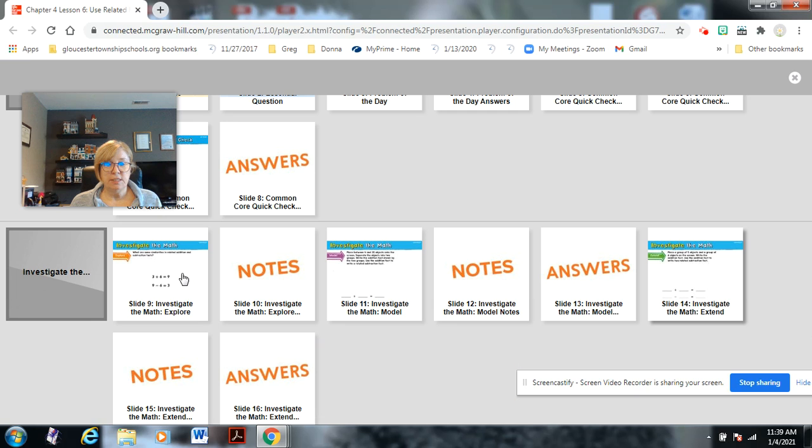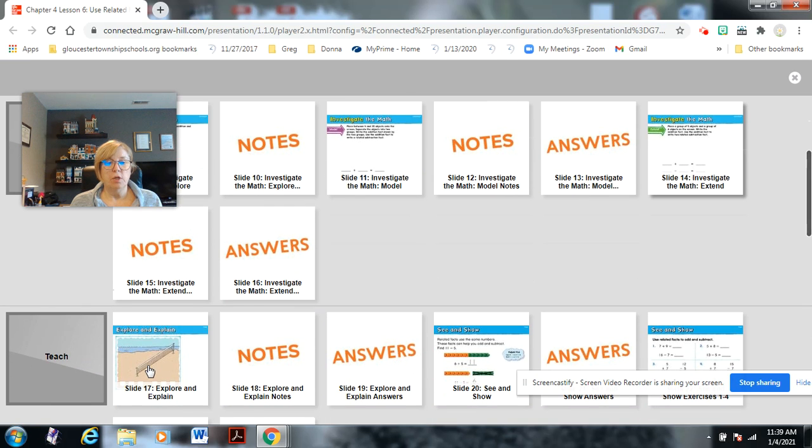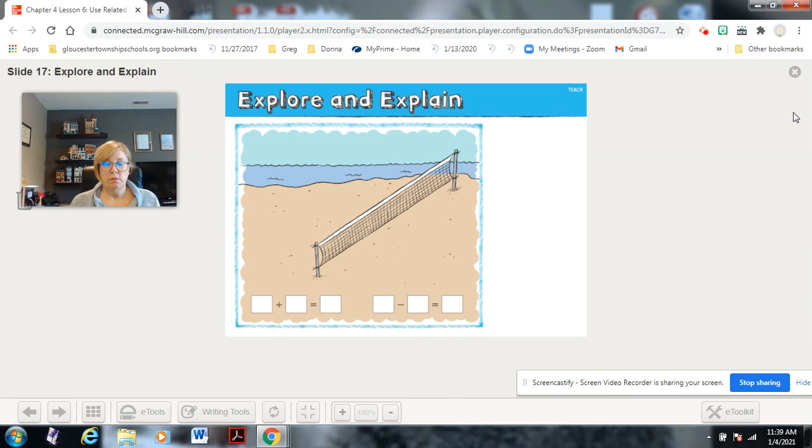Now this is where you are going to open your math book to page 313. Pause if you did not have it open at the beginning and then come back. There's a little math story with this, and this is where you're going to need your counters.